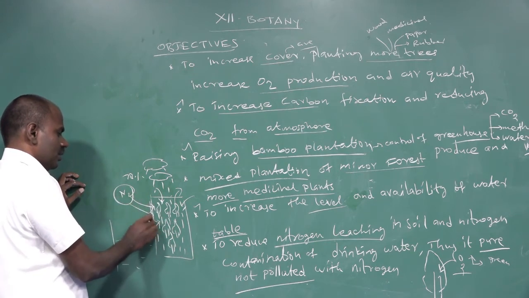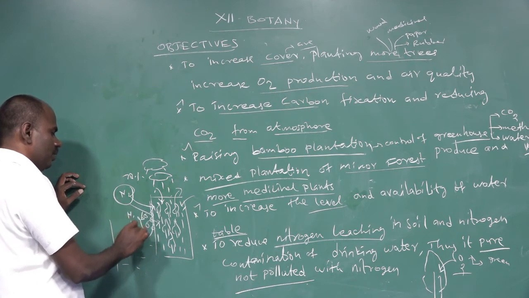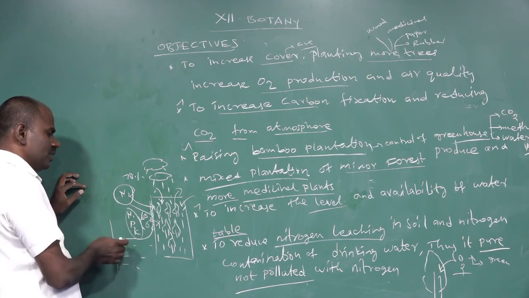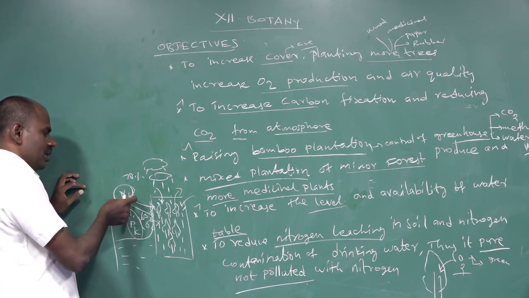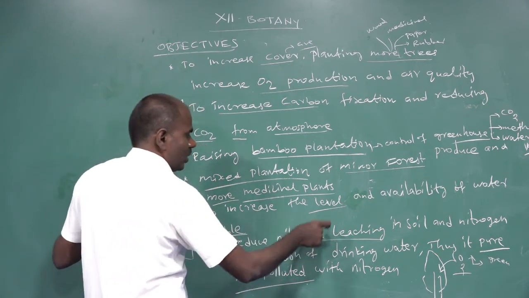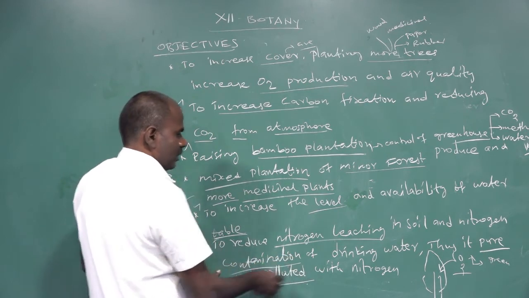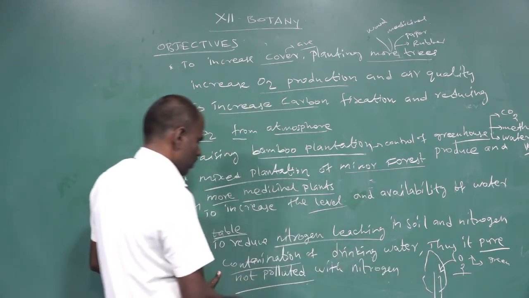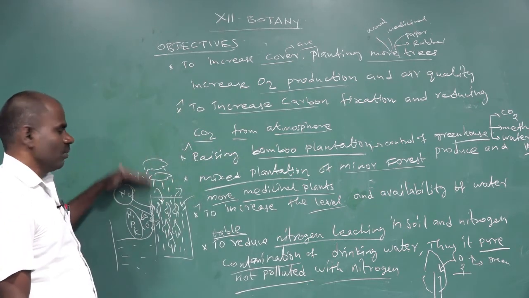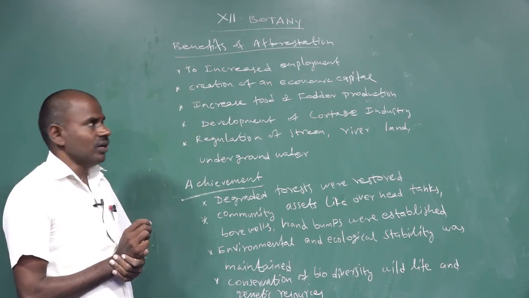Soil particles contain nitrogen, phosphorus, calcium, mineral nutrients, and vitamins, so the soil is rich in nitrogen. Contamination of drinking water and food with nitrogen substances is avoided through afforestation.